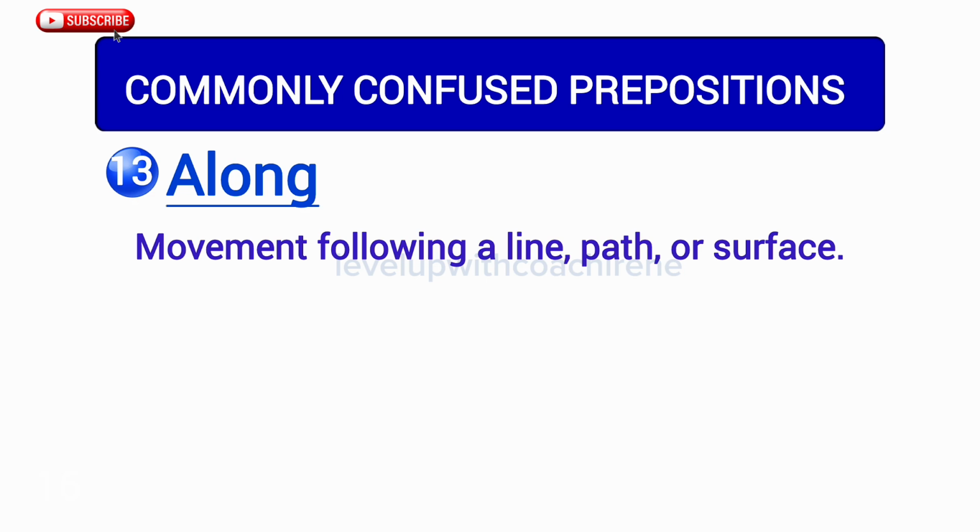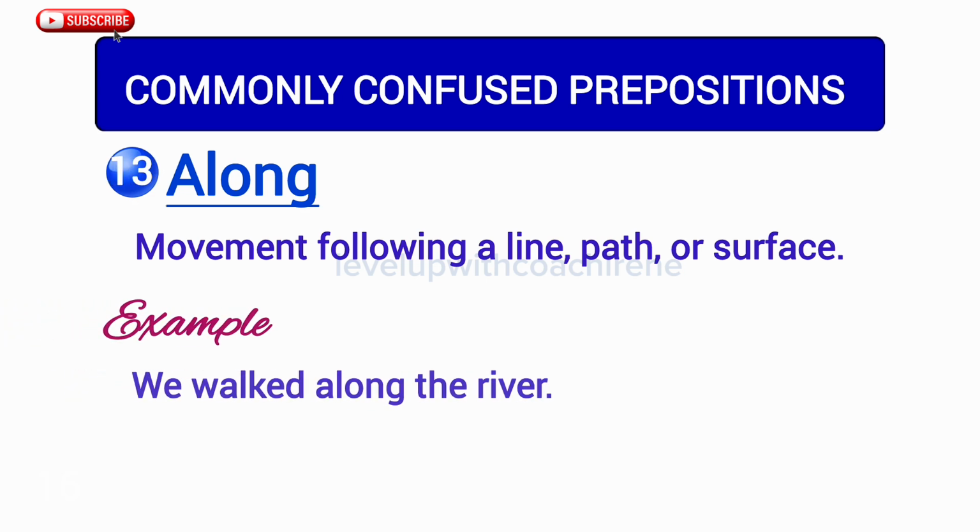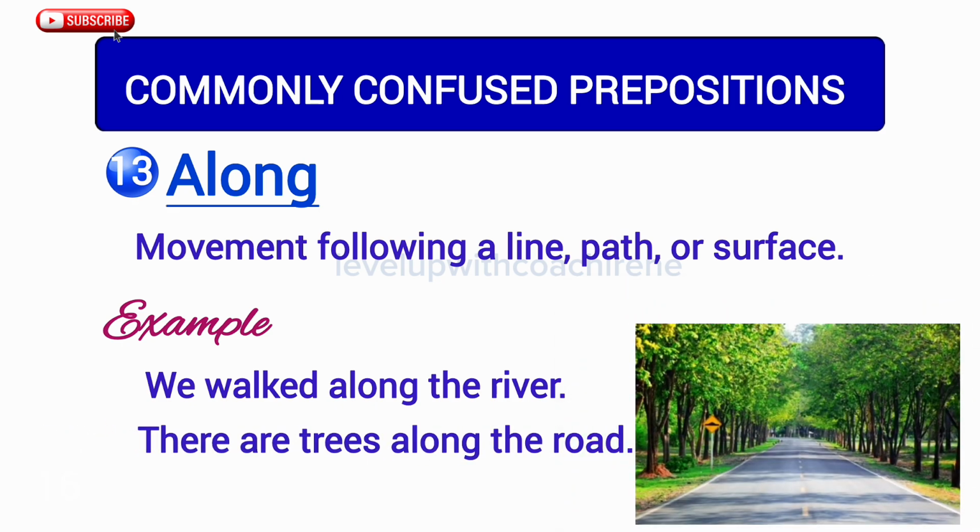It suggests moving parallel to something or moving in the same direction as something else. Example, we walked along the river. This sentence implies that the movement is parallel to the river. Another example would be, there are trees along the road. This sentence implies that the trees are positioned on the side of the road.